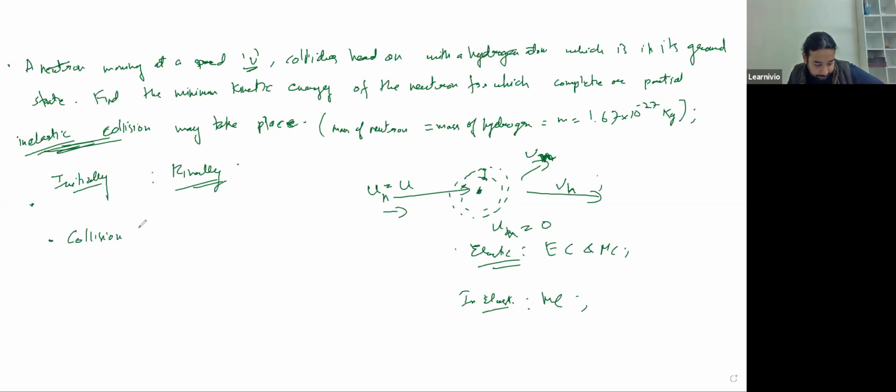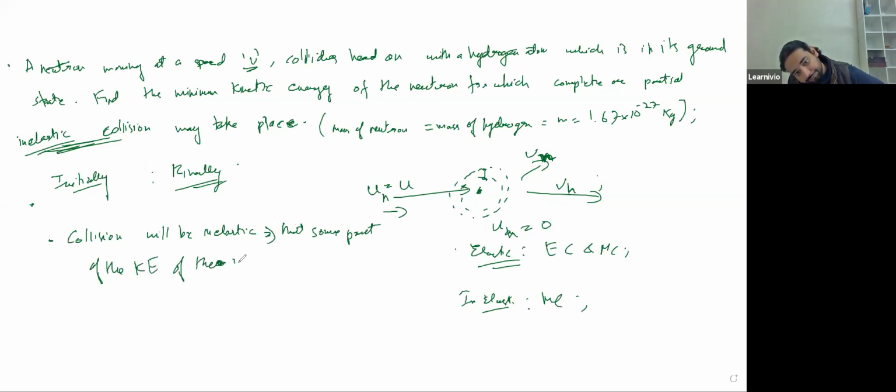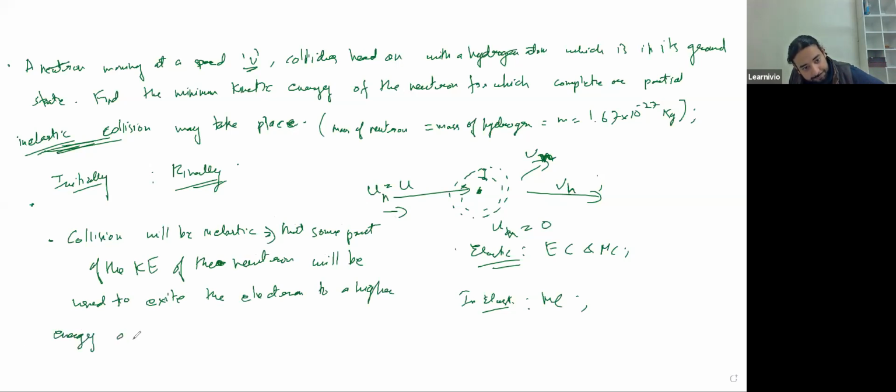Essentially, the collision between the hydrogen atom and the neutron will be inelastic, as it is given in the question, and that implies that some part of the kinetic energy of the neutron will be used to excite the electron to a higher energy orbit.